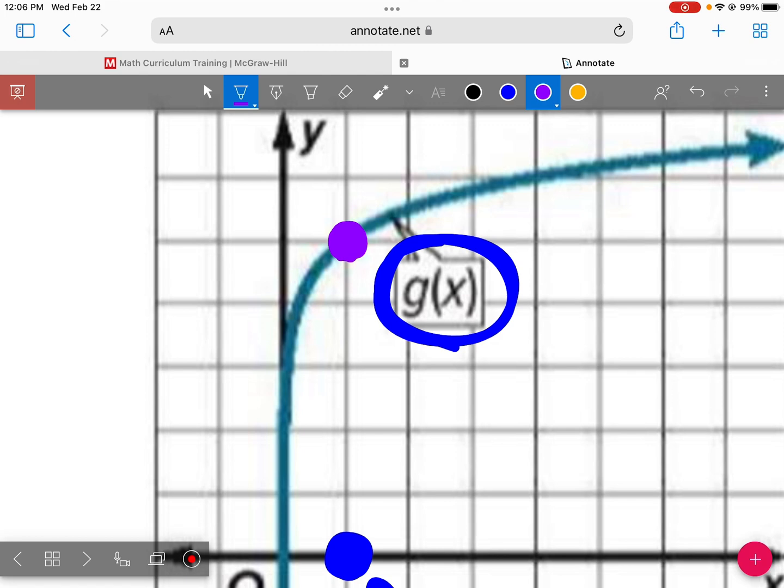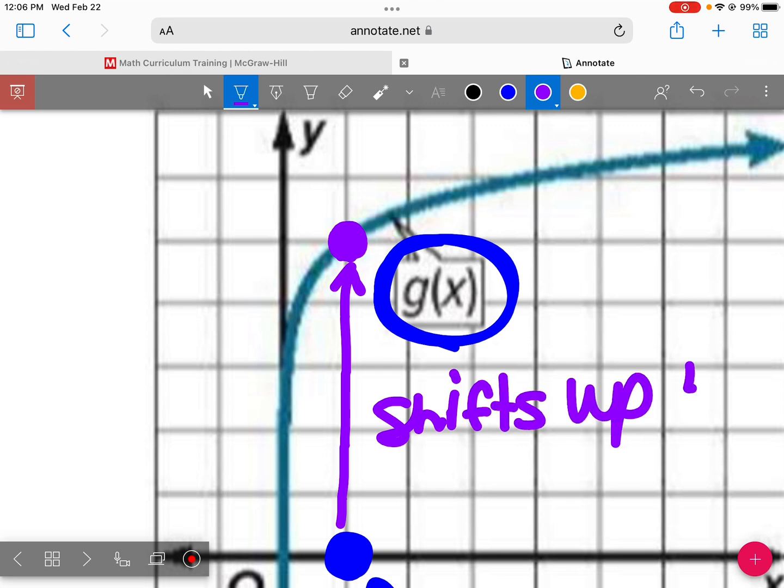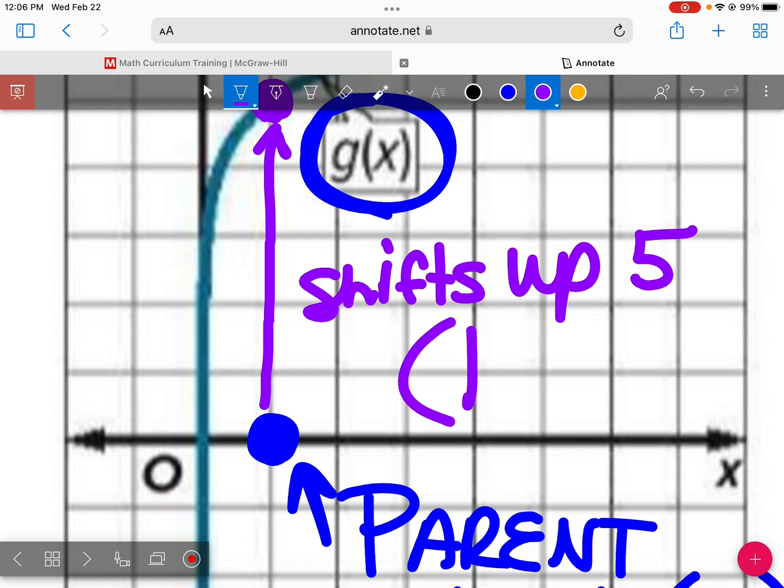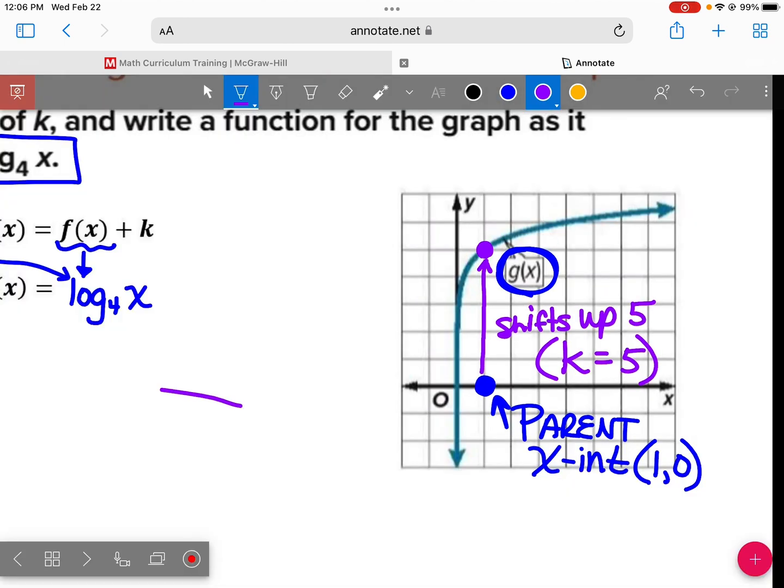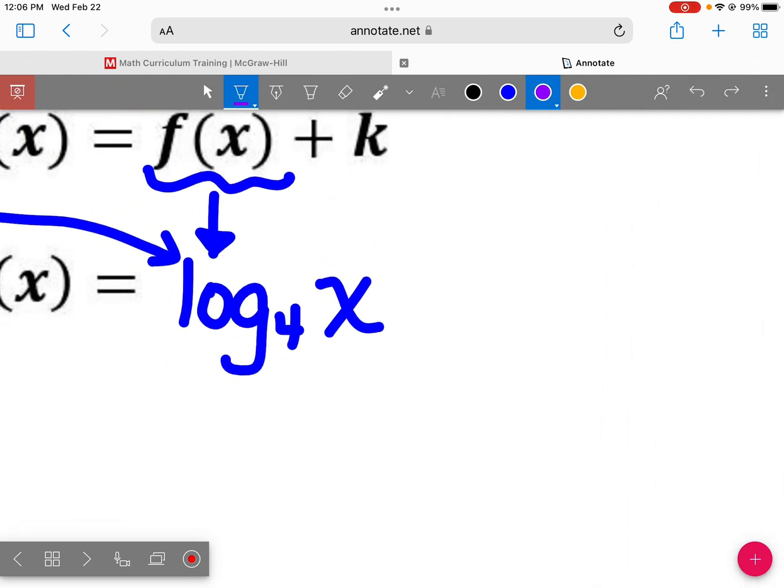My transformation shifted that point up here. How far up was this graph shifted from the parent? How many boxes? 1, 2, 3, 4, 5. Shifts up 5. So what's my k value? K is 5. So what do I need to add or subtract on the end over here? Plus 5.